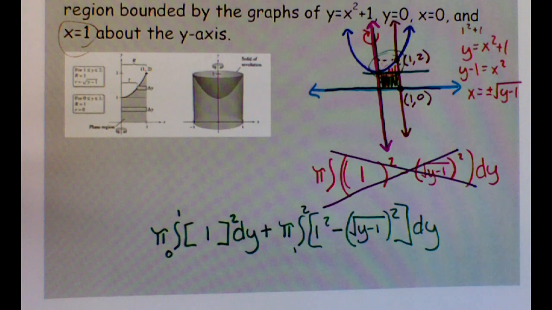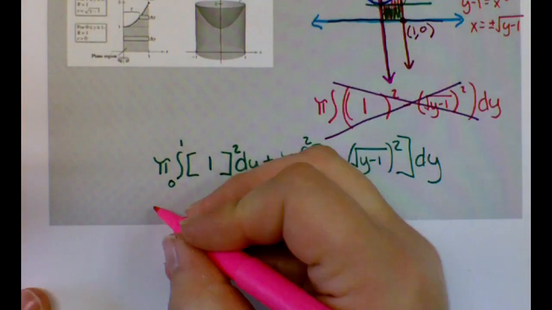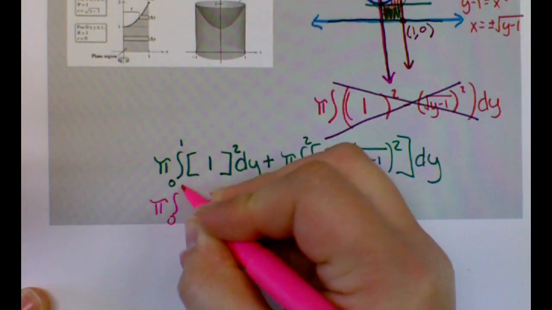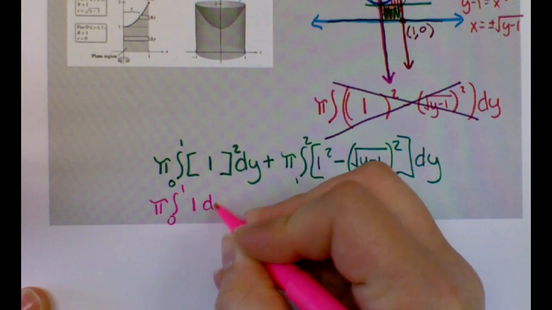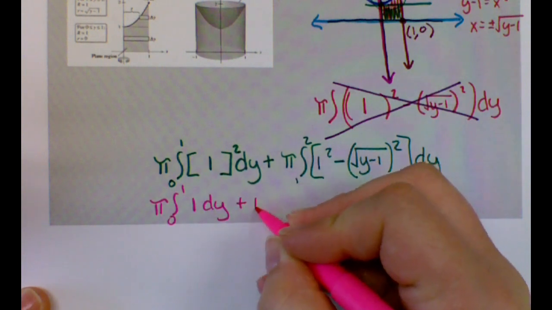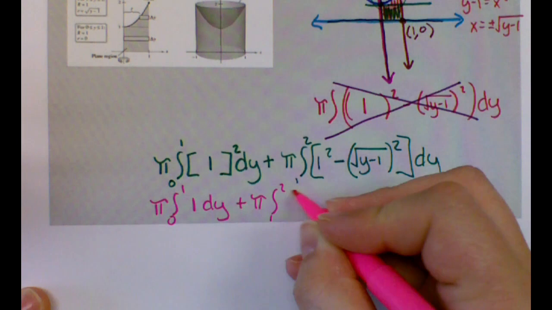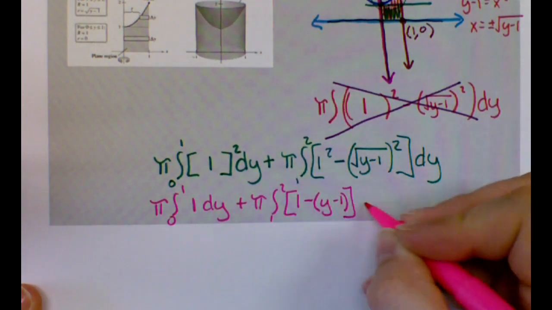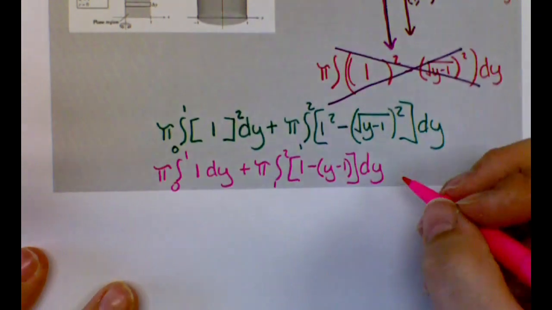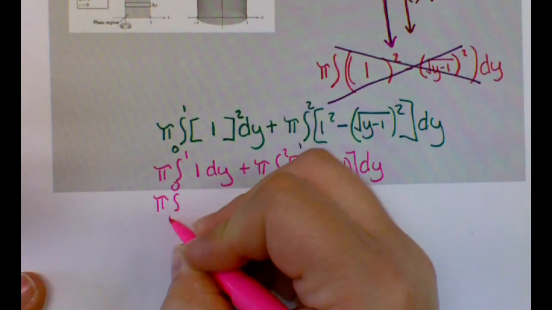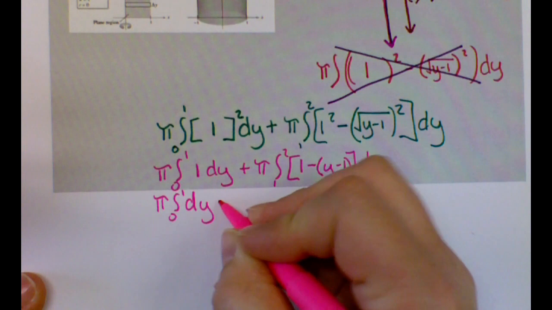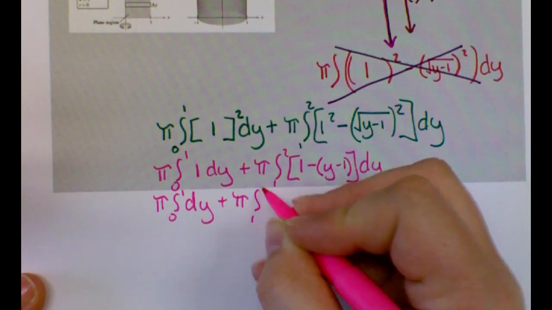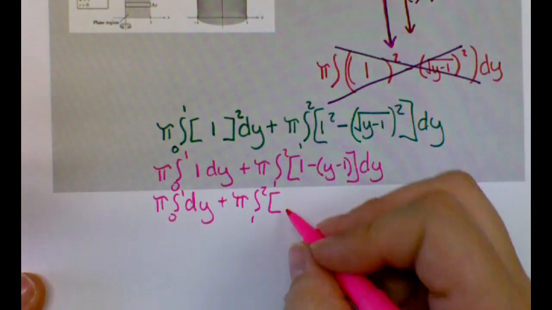So we simplify this. So we have pi times the integral from 0 to 1 of 1 dy plus pi times the integral from 1 to 2 of 1 minus y minus 1 dy. And one step further on this before I do my integrating, I'm going to actually simplify this.